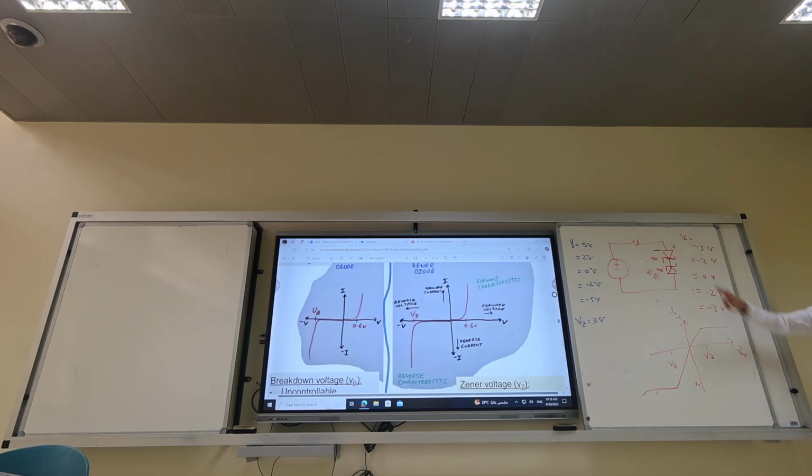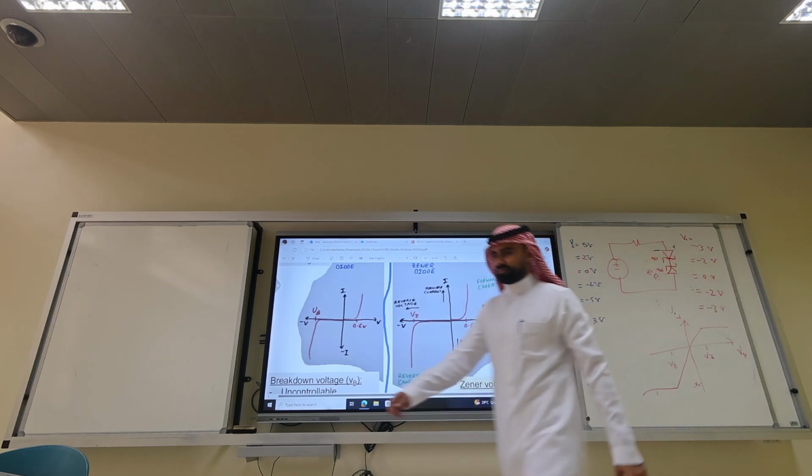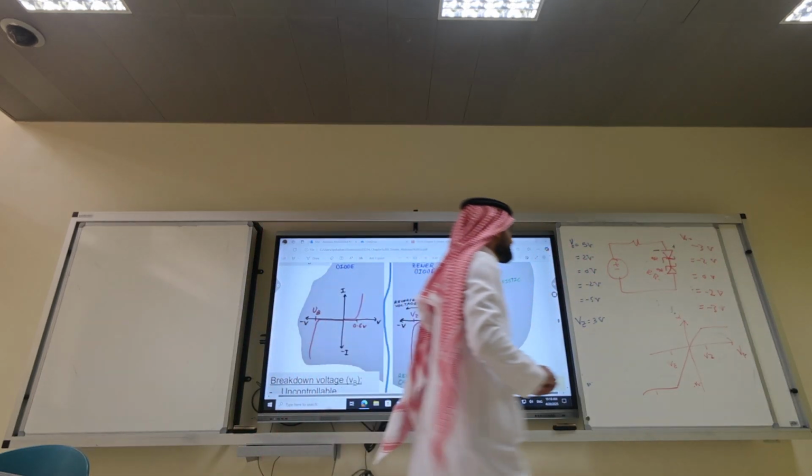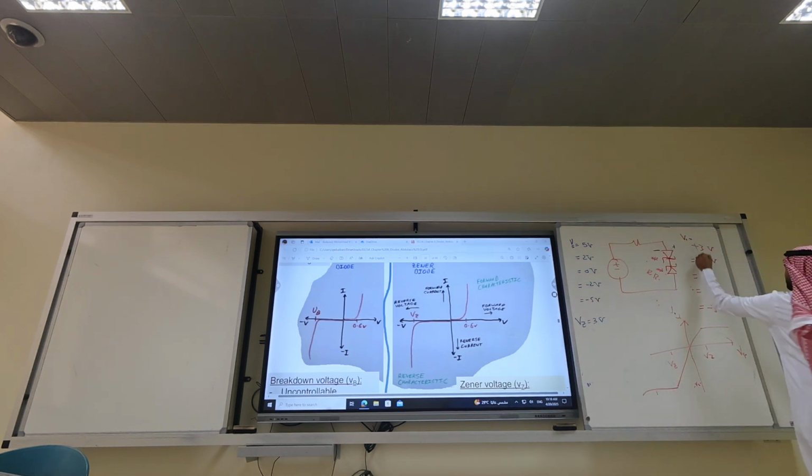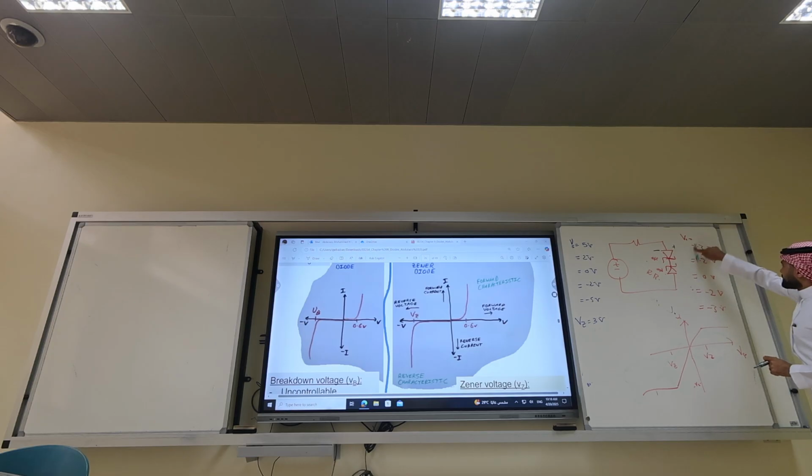Minus 3 volts. The Zener is hard. So here plus. No, this is correct, no minus. This will be plus E. So actually the curve will be like this.